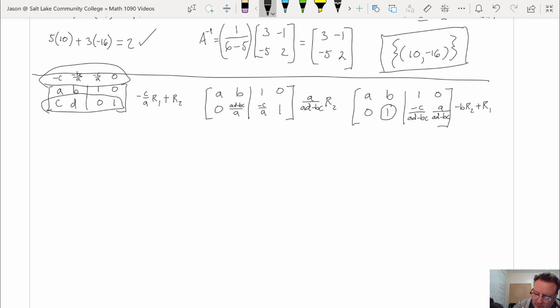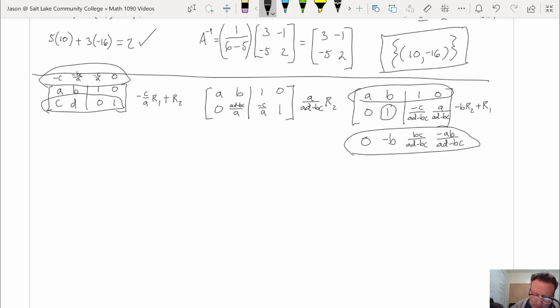So negative b times row 2, let me write that below. I'm going to get 0, negative b, and then bc over ad minus bc, and negative AB over AD minus BC. I'm going to add that to this row.